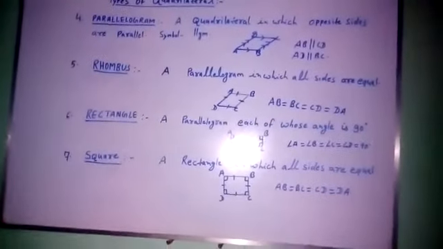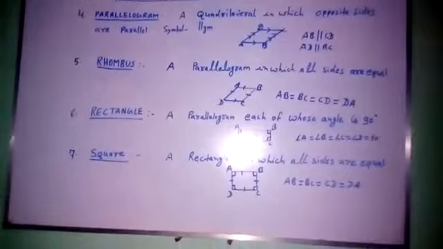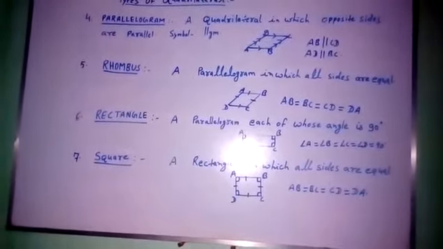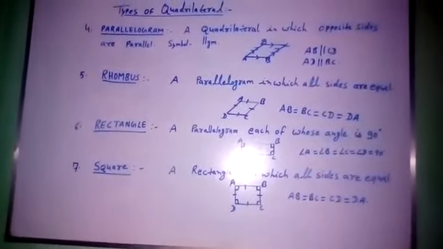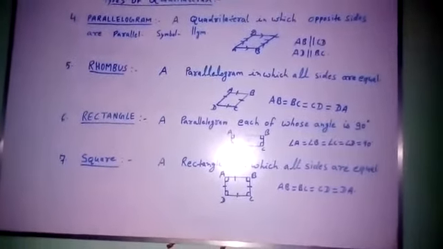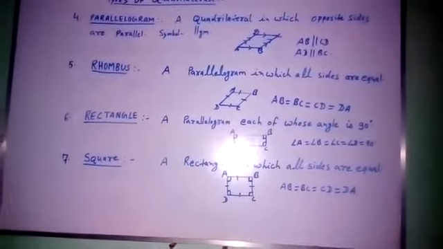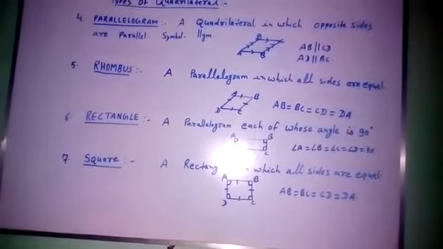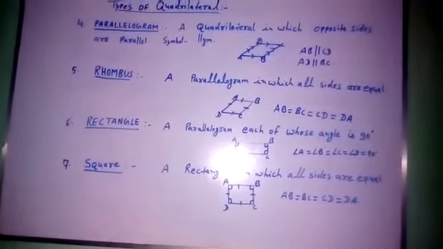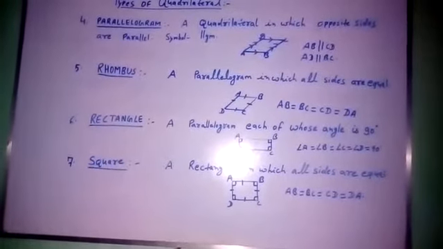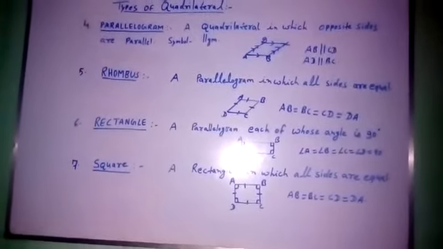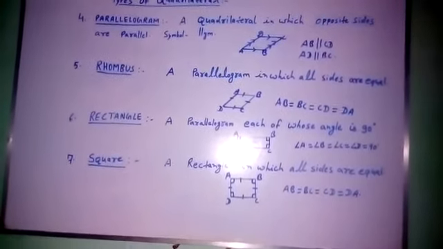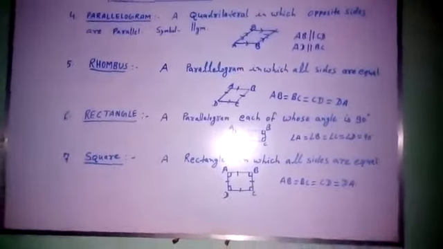Then a square is a rectangle in which all sides are equal, that means AB equal to BC equal to CD equal to DA, as well as all angles, angle A, angle B, angle C and angle D, are all equal to 90 degrees. So these are the types of parallelogram which are defined. Understood?